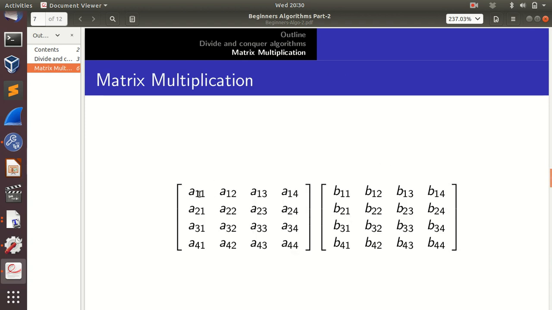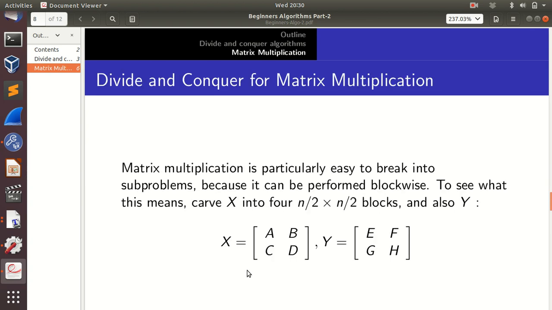So here a11, a12, a21, a22 form a 2 cross 2 block, and similarly we can divide this into 4 blocks. So X can be divided into 4 blocks a, b, c, d. Y can also be divided into 4 blocks e, f, g, h.